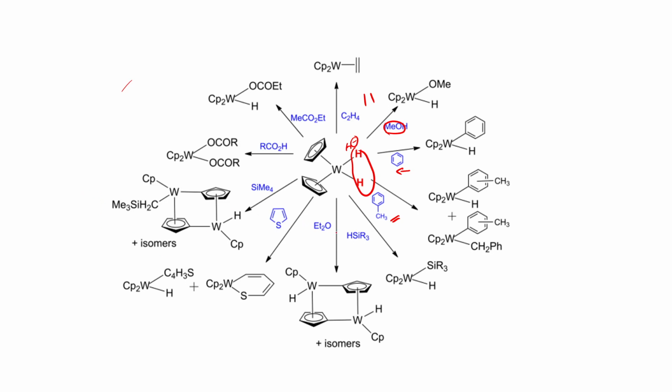In the presence of ether, here you can see that dimer formation happens actually. One of the hydrogens leaves from the molecule and it gets dimerized. The isomers are there, but this is one of the schematics you can say, and this particular dimer is in major amount.